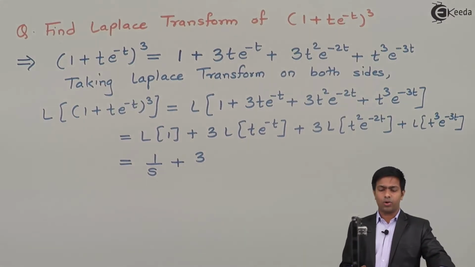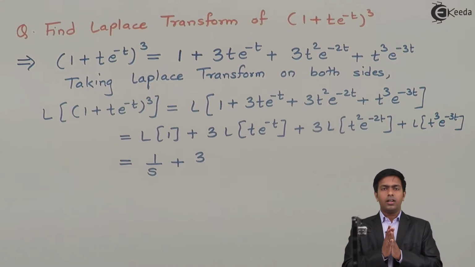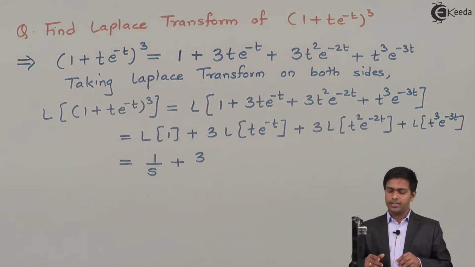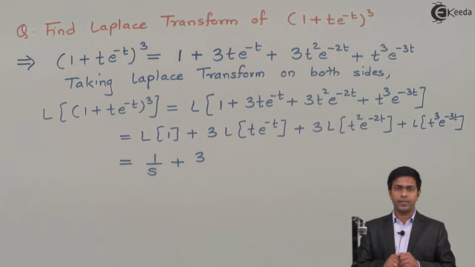Now what is Laplace of t e raised to minus t? Now here there are 2 functions. One is algebraic, which is t, and one is exponential, that is e raised to minus t. Now to get the Laplace of this function, it matches with 2 properties.